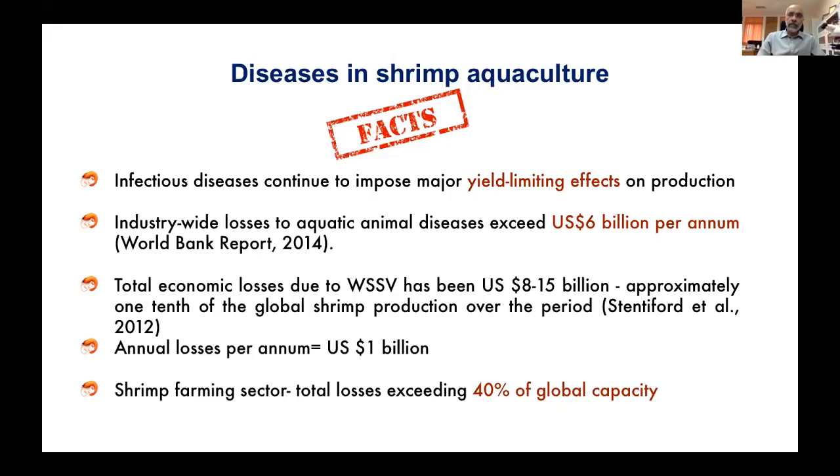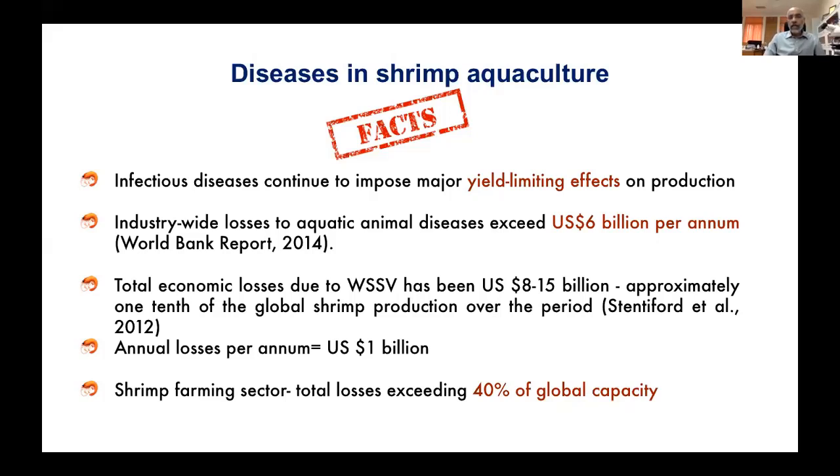The yield limiting diseases will not lead to trade implications, but they will cause huge economic loss, almost similar to that of the trade limiting diseases. According to the World Bank report in 2014, it is almost 6 billion per annum, that is the aquatic animal disease impact. And if you look at white spot alone, it is around 8 to 15 billion, as estimated some time back.